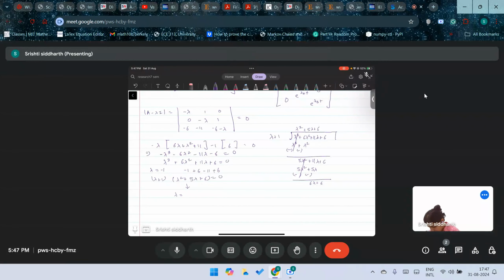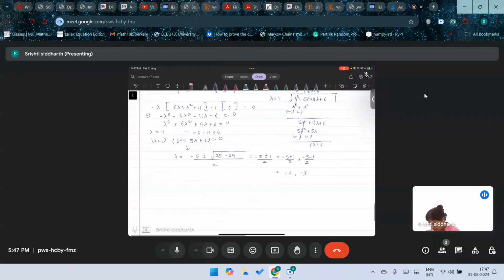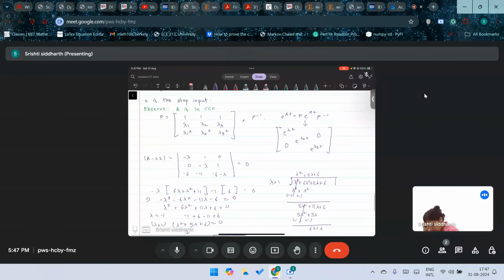So from here lambda is minus 5 plus minus the square root upon 2. So this is minus 5. Alright, so we have distinct eigenvalues. Lambdas are minus 1, minus 2, minus 3. So you can substitute this here in P, and then you can compute P inverse, and finally e to the power At.